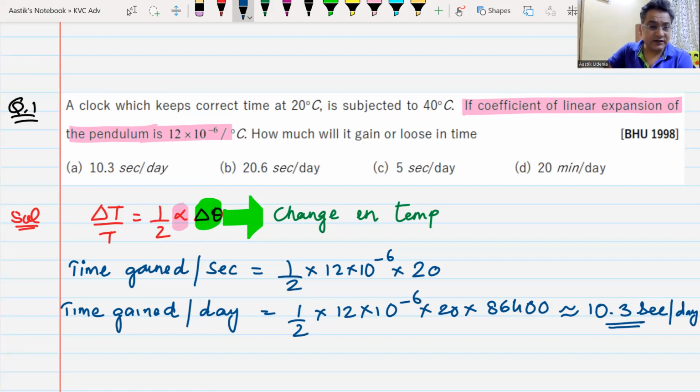Do we understand this? Yes or no? Yes, sir. Have you understood this question, everyone? How is this question done? Yes, sir.